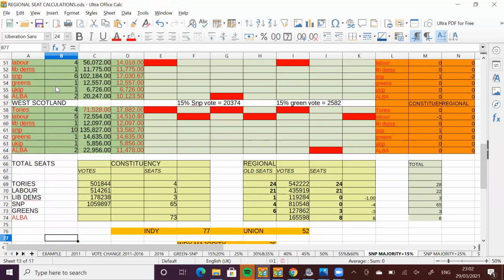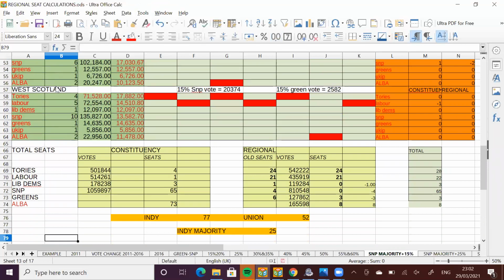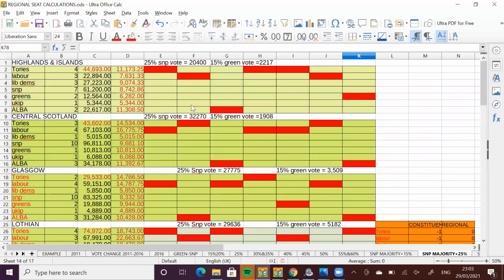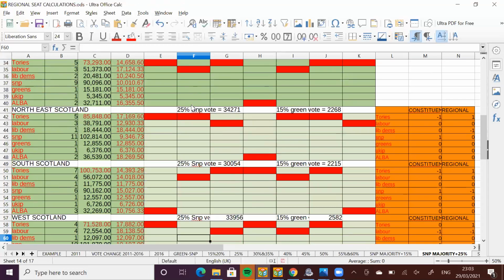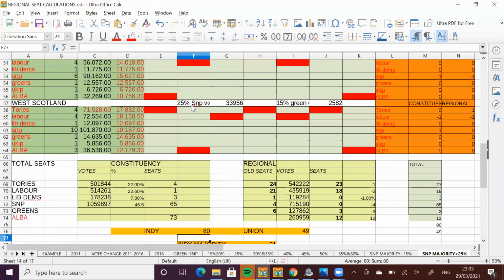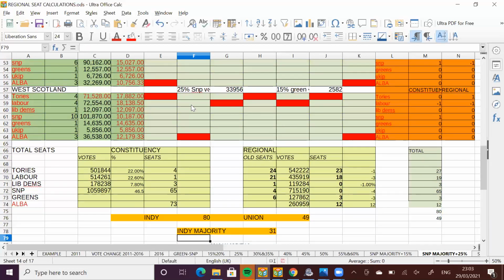So if we look here, this is an SNP majority of 65 seats with 15% of their support giving the second vote to Alba, and this would get us the Indie majority of 25. Then if we look at 25%, we get an Indie majority of 31.